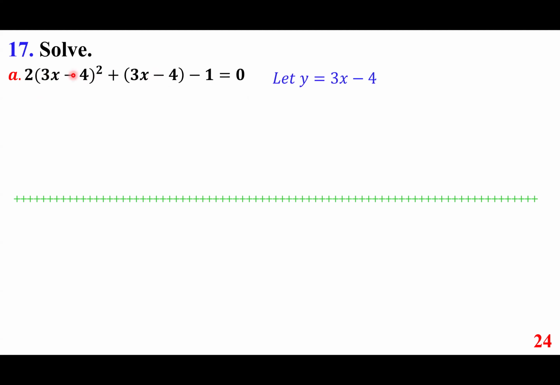And so I hope you recognize that if this is y, this is y squared. And now you have a simple case of a quadratic equation. You find it by some method. Because 2 is a prime number, you can say 1 and 2.